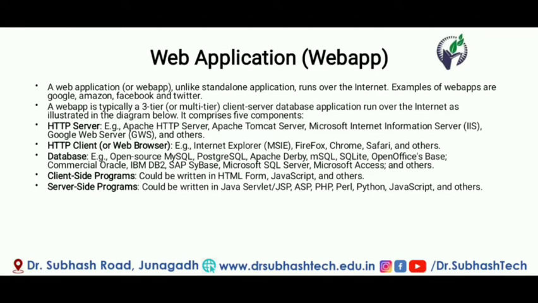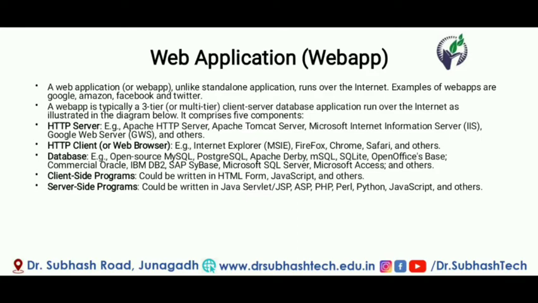Third one is database. To execute the web application, the 2 most important components are client and server. But the third most important thing is database, because to execute the request and to generate the response, data is needed, and that is fetched from the database.